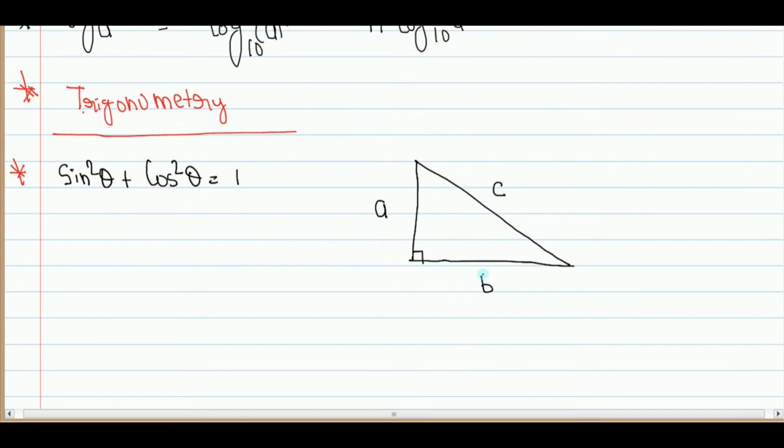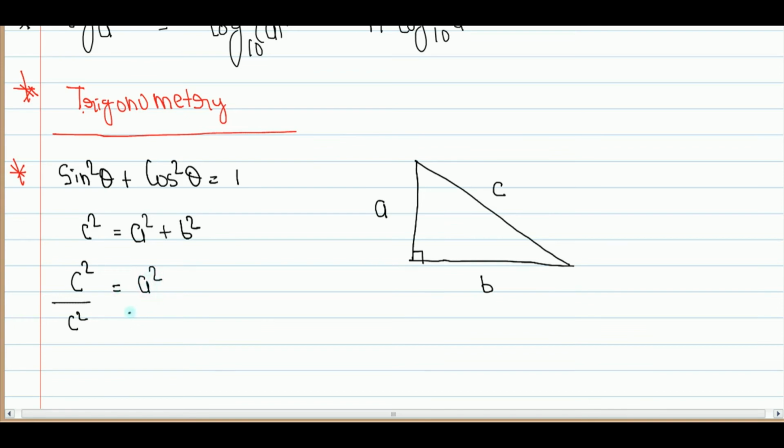You know the Pythagoras theorem, which tells us that C square will be equal to A square plus B square. Fine. So what if we divide both sides of the equation by C square?